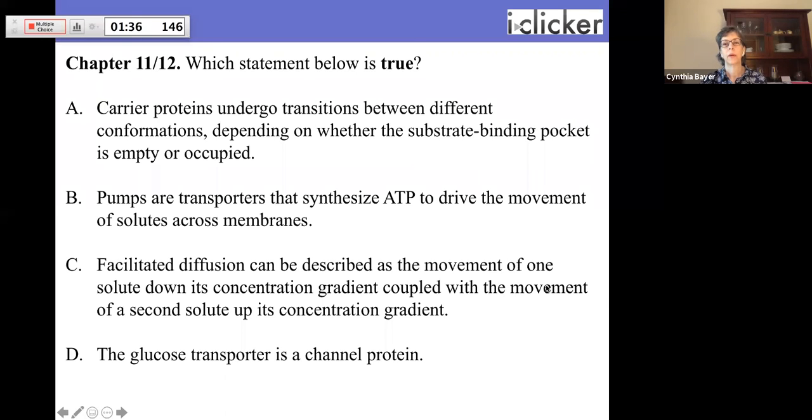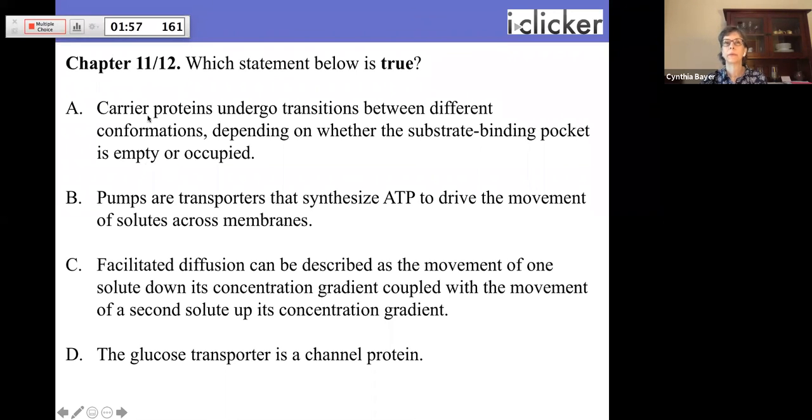So I hope you are focusing on what is the right answer. Don't worry about the points at this point. I really want you to be focusing on the questions and why is A, B, C, or D the correct answer, okay? All right, everybody had a chance to vote?